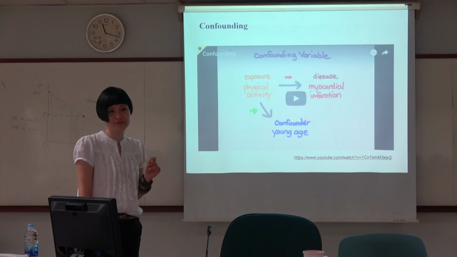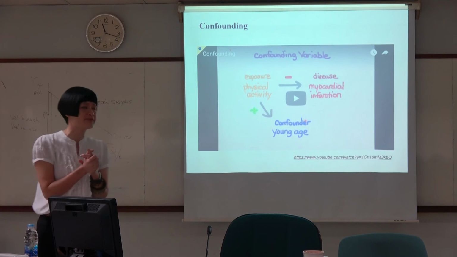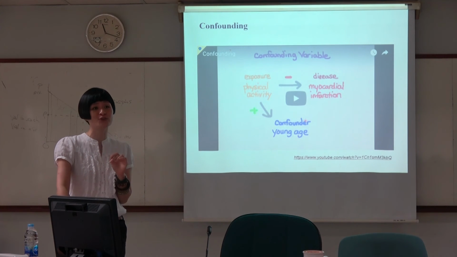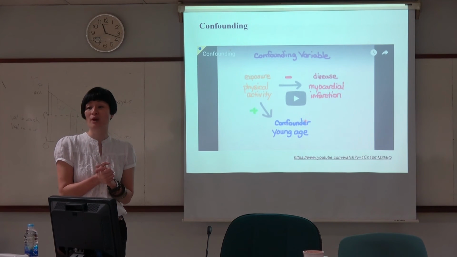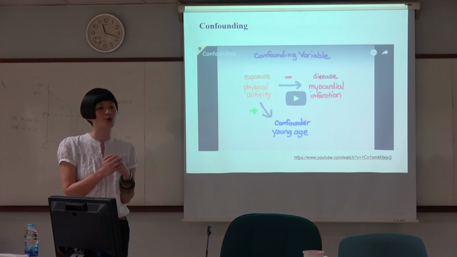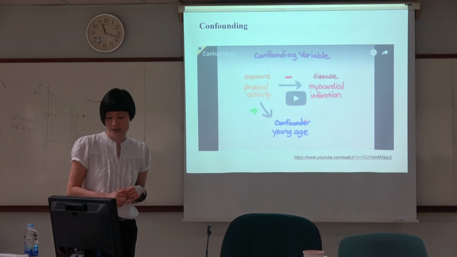Now, I do have a short video explaining confounding, but I think this is actually quite a long video. So I'm going to leave you the link to the website, and it's worth having a look. I think in this video she gives a really nice example and explains confounding very clearly.